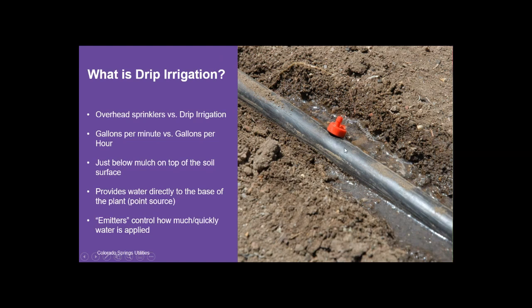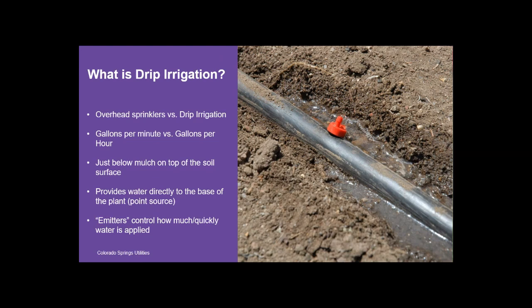One of the major differences is that drip irrigation is just below the mulch and on top of the soil surface. Drip irrigation provides water directly to the base of the plant.